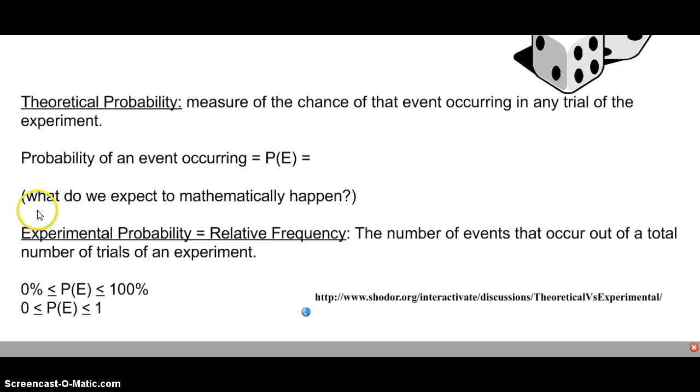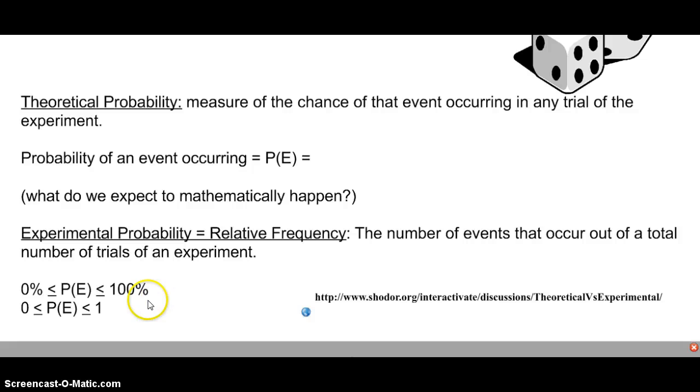The difference with theoretical is just that, and experimental is experimental probability. You're going to actually have data, relative frequency, and you'll have the number of events that occur out of the total numbers of trials of an experiment.